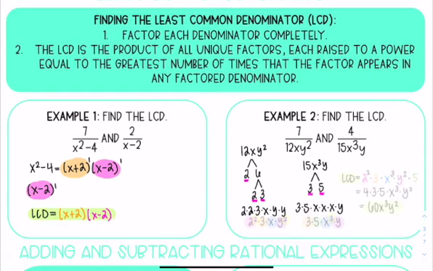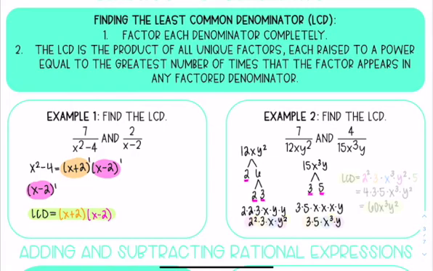I'm going to rewrite this just a little bit. For 12xy squared, I'm going to put 2 squared times 3 times x times y squared, so that way it's easier to see the powers. And I'm going to rewrite 15x cubed y as 3 times 5 times x cubed times y.